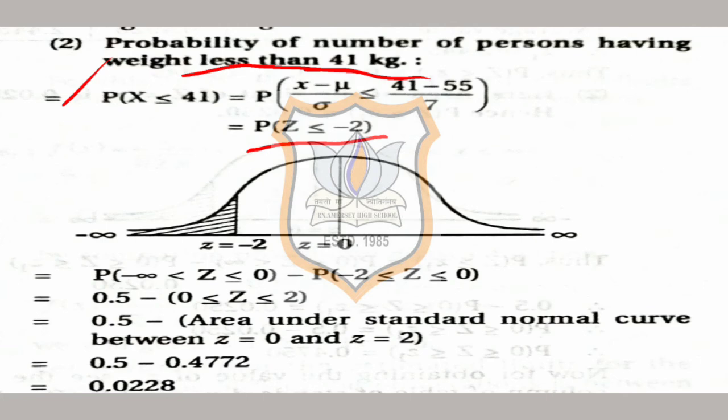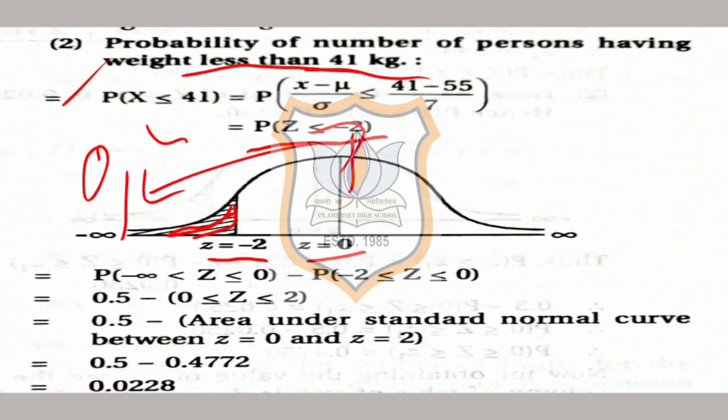Now if we draw the curve, the central part is Z equal to 0, and this is Z equal to minus 2 on the left side. We want the probability for Z less than minus 2, that means this area. You know that the area from the central part to the end is 0.5.